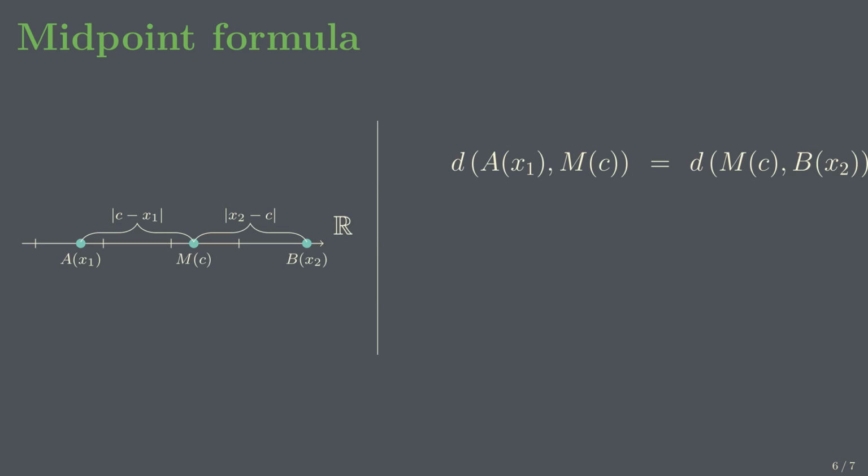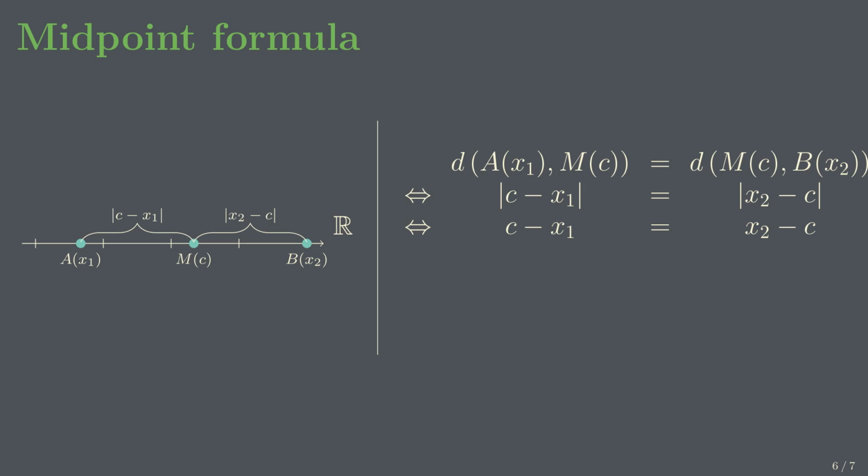So using the distance formula, we know that the absolute value of C minus x1, which is the distance from A to M, should be equal to the absolute value of x2 minus C, which is the distance from M to B. Because we know that C stays between x1 and x2, so C should be greater than x1 and less than x2.